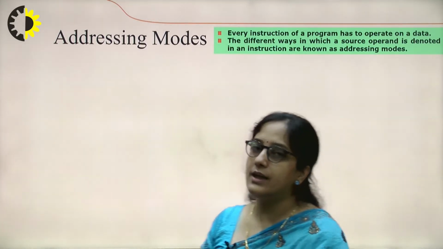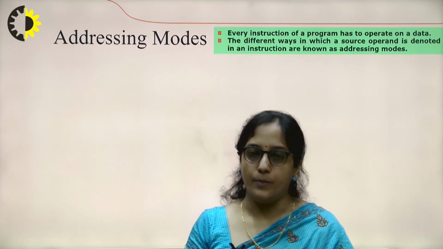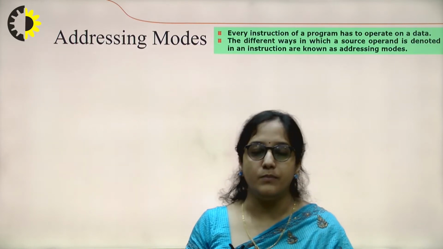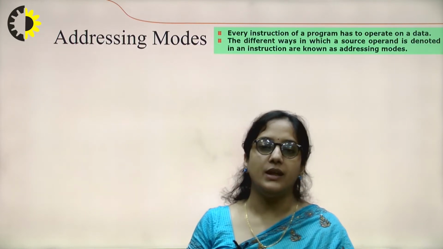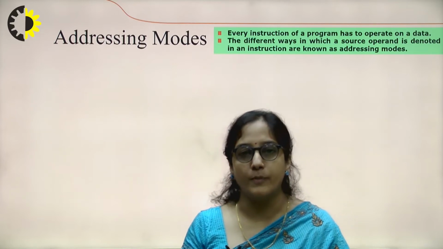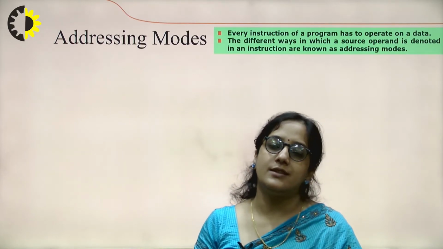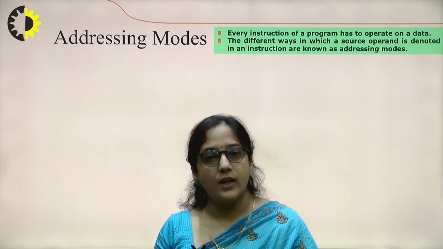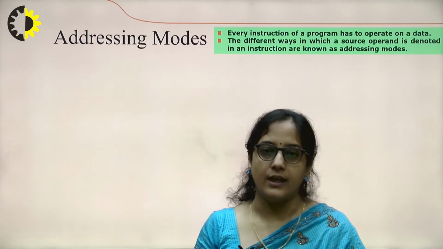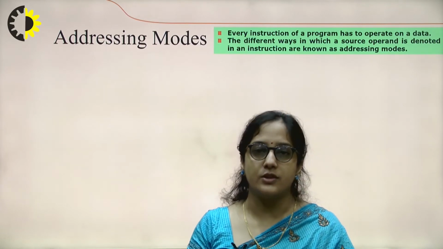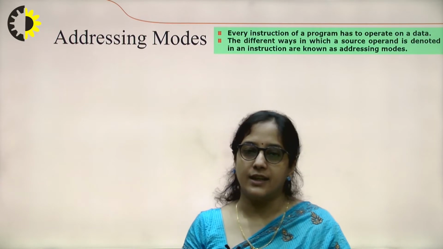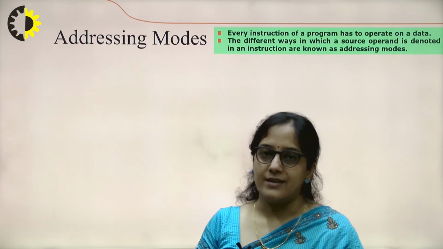It means how we define the operand and where it is available: whether in memory, in the internal registers of the microprocessor, or in input output devices. And how we are going to access this data in our instruction, the process of accessing the data, the different ways of accessing the data, are known as addressing modes.